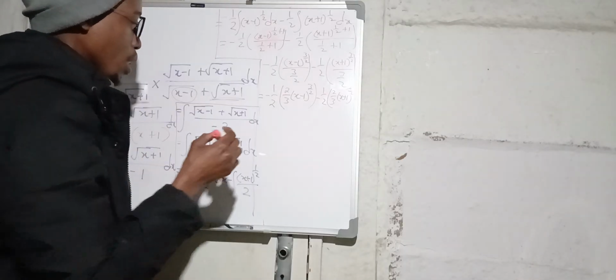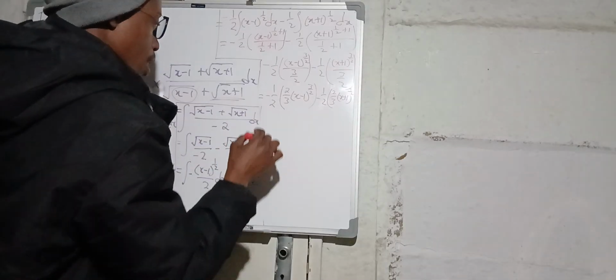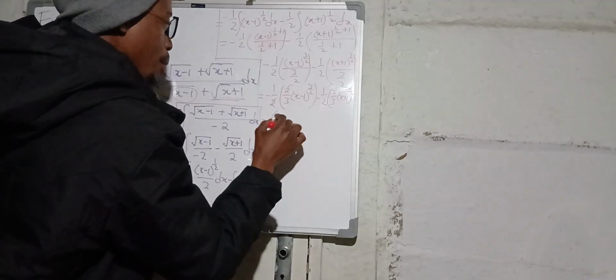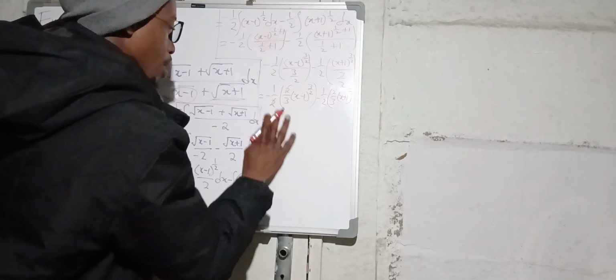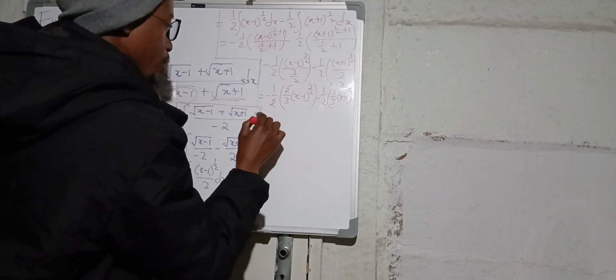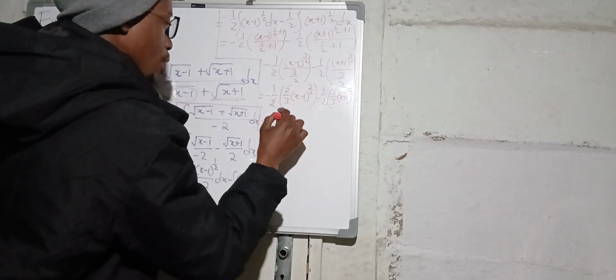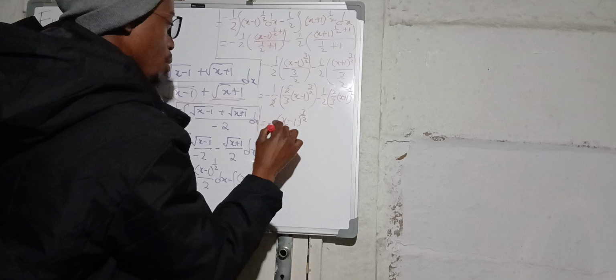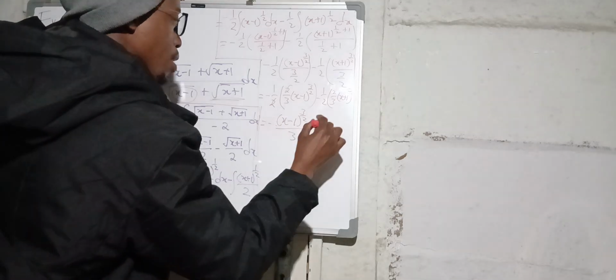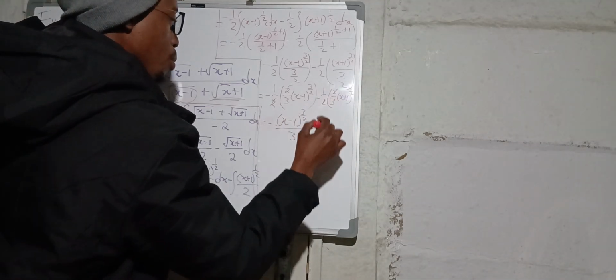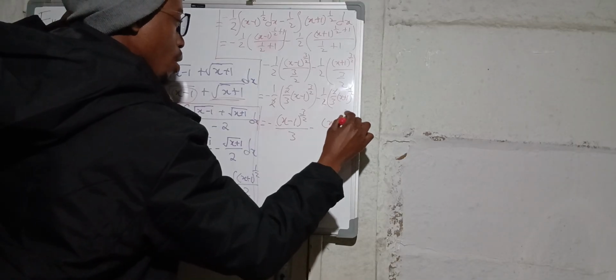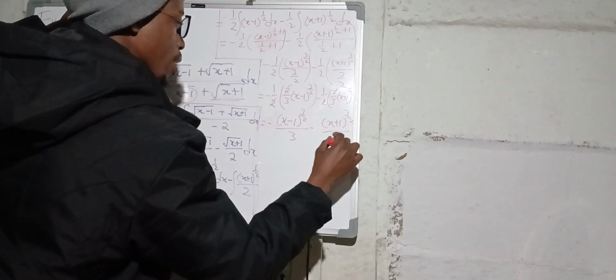If it is not, I'm gonna get angry at myself. So the 2 cancels the 2, and then I'm left with negative (x minus 1) to the power of 3 over 2 all over 3, minus, 2 cancels 2, (x plus 1) to the power of 3 over 2 all over 3.